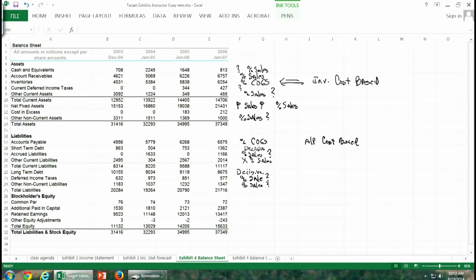Okay, when we get down to this, what I want you to look at is we'll start with common par and additional paid-in capital. When a firm issues stock, when it sells stock, two things happen. One, the stock it sells is a piece of paper, and historically will have a par value, and the par value could typically be $1.